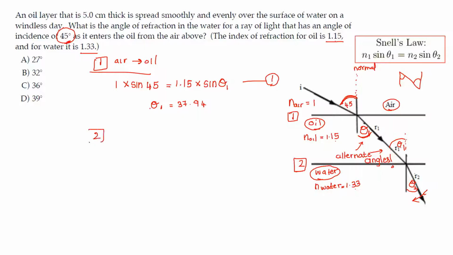So I'm going to look at the second interface now. It is from oil to water, right? So what is happening there? So it is 1.15. It is N oil times sine theta 1. That is the first part. And the second part is N water, which is 1.33 times sine theta 2.